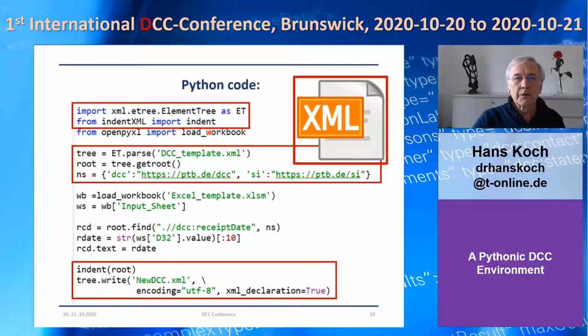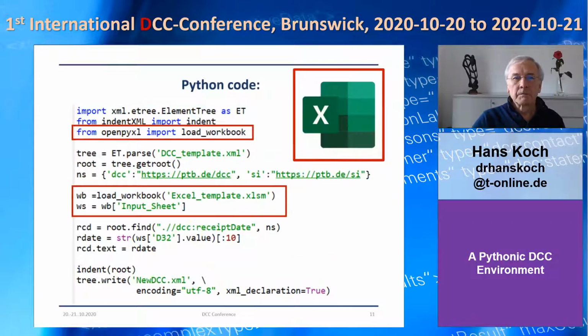And with this etree, I can parse the DCC template. I get the root and I define the namespaces. And later, after we have done the job, then this new DCC XML is written.